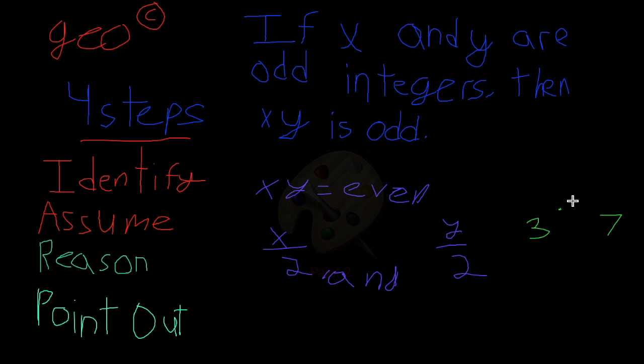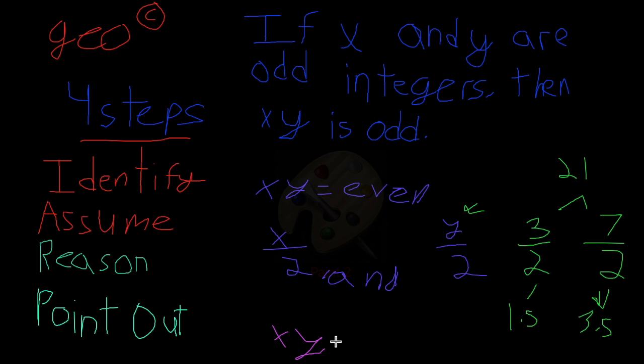Together, that equals 21. And it goes to the thing that we said over here, that if 3 were to be divisible by 2, and 7 were to be divisible by 2, this would then equal 1.5, not an integer, and this would be 3.5. And since it being even is not true, that proves that in the end, x times y equals an odd answer.